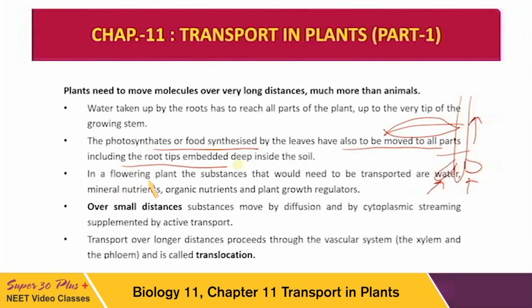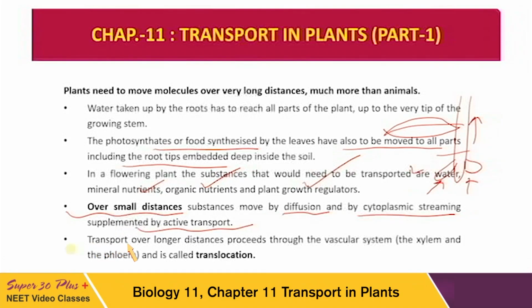In a flowering plant, the substances that need to be transported are water, minerals, organic nutrients, and plant growth regulators. This transport may be over a small distance, from cell to cell. It may be by cytoplasmic streaming, by diffusion, or by active transport.